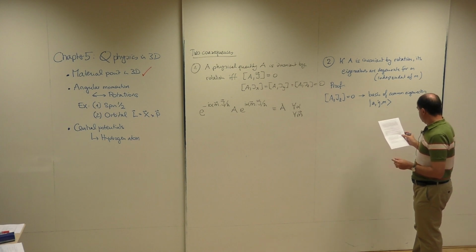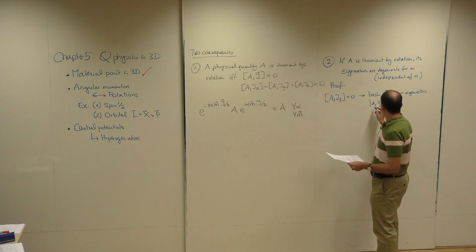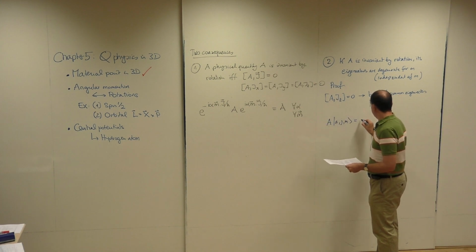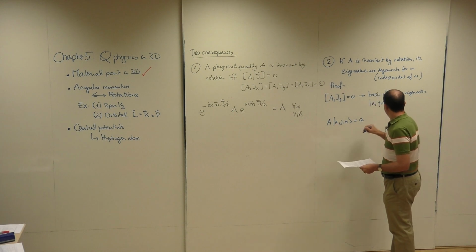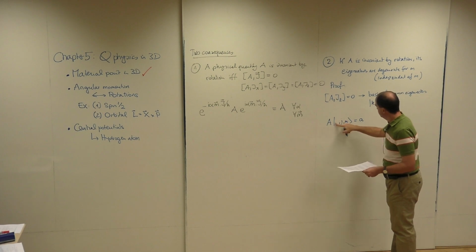And now let's assume that the eigenvalues of A actually depend on M. So this A here, maybe let me not call it A, I will call it K as I did before.